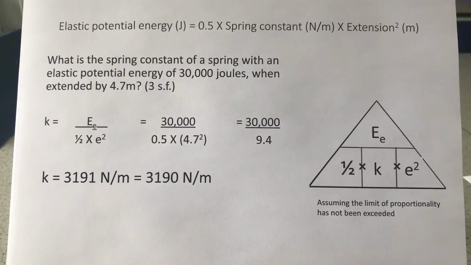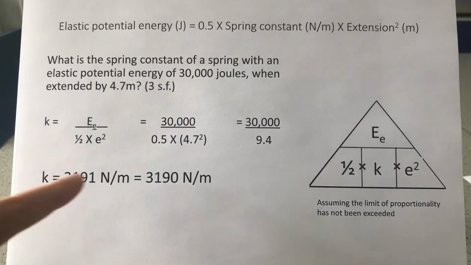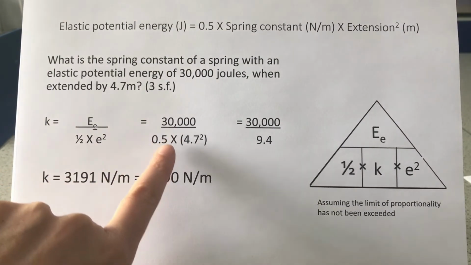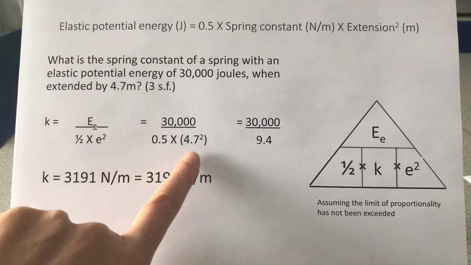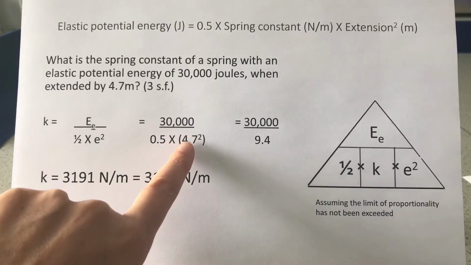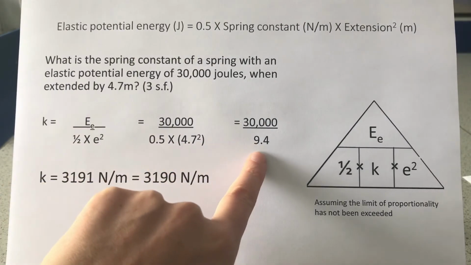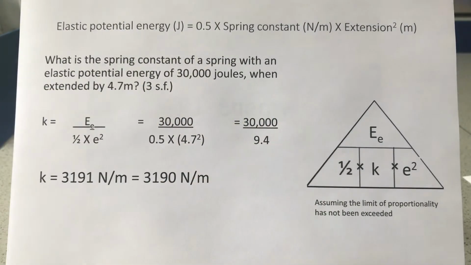Okay, and it's really important to remember that we do this multiplying at the bottom first. So you can see I've converted this equation by working out 4.7 squared, times that by half, I get 9.4. Okay, then I do my 30,000. It's nice to do things in steps, show the examiner you know what you're doing, stop yourself getting confused.